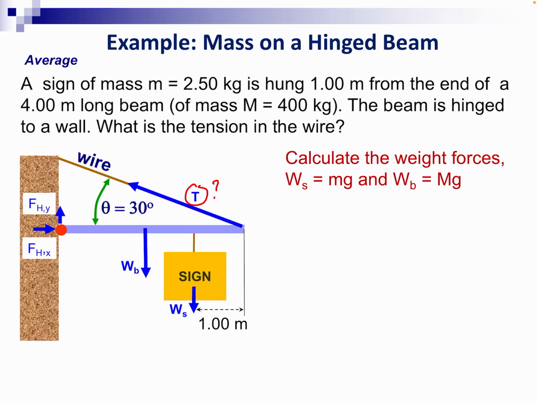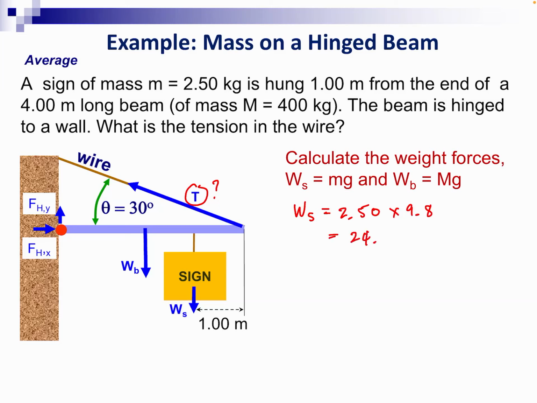Right. Usually it's easy. Let's do the easiest things. This will automatically probably land you 1 or 2 marks in the test. So we know the mass of the sign and the mass of the beam, so we can straightforwardly calculate the weights. The weight of the sign will be the mass of the sign, 2.5 times 9.8.